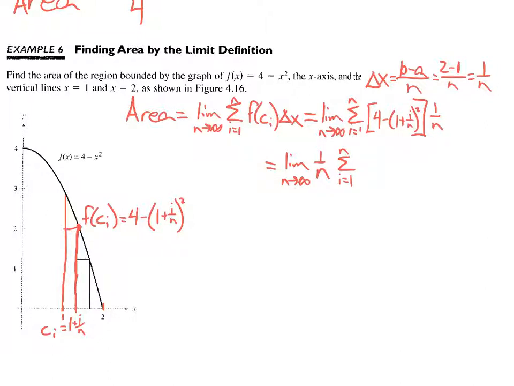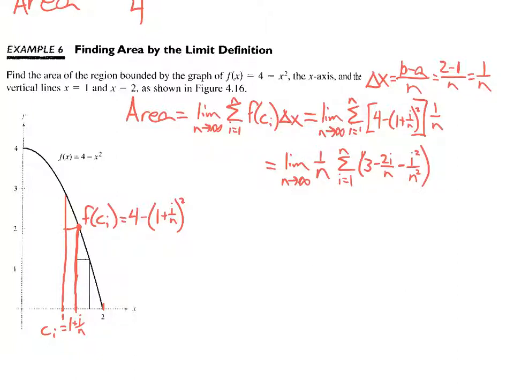So I'm going to have 4 minus 1, which is just going to be 3. And then I'm going to have an i over n plus an i over n, so it's 2i over n. So I'm subtracting a 2i over n. And then it's going to be minus the i over n times i over n. So i squared over n squared.